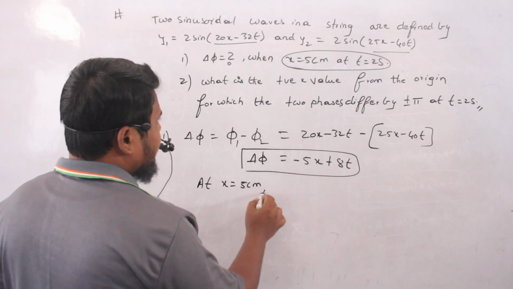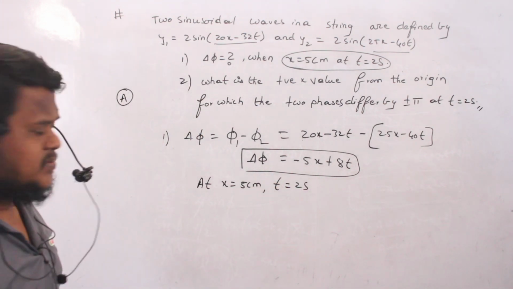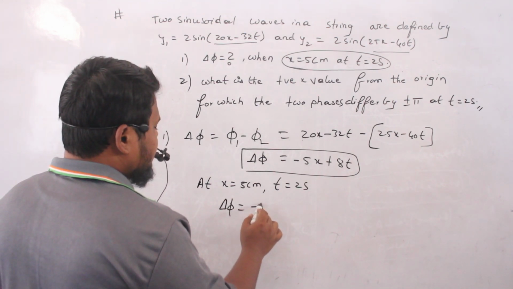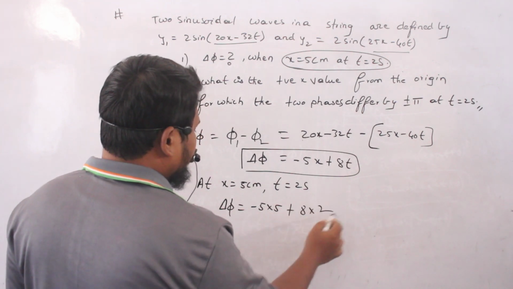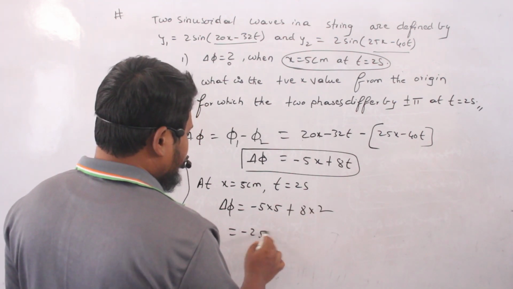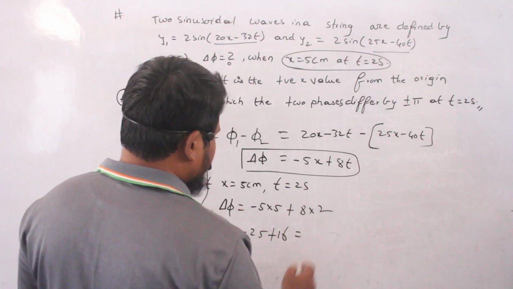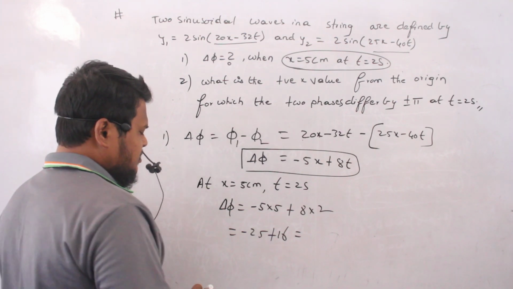At x is equal to 5 centimeters and time is equal to 2 seconds, what will I get? Delta phi is equal to minus 5 into 5 plus 8 into 2. 5 fives are 25, so minus 25 plus 8 twos are 16, so it is equal to minus 9 radians.